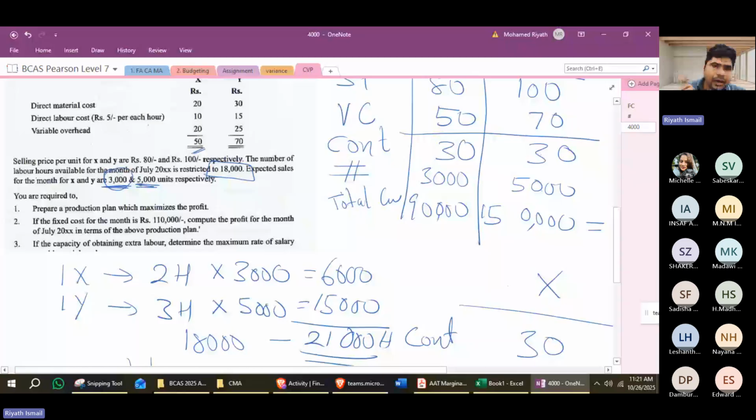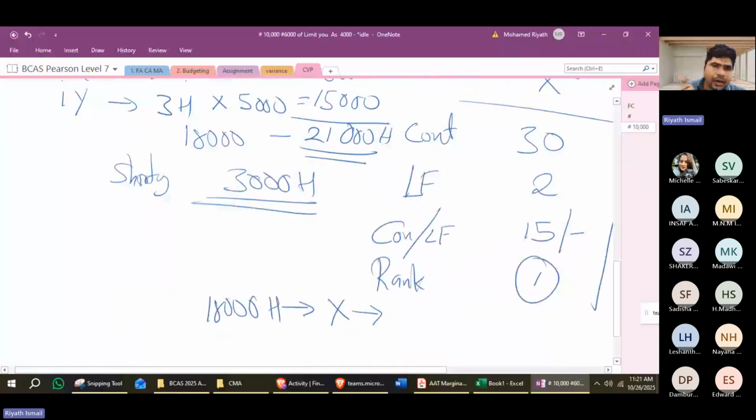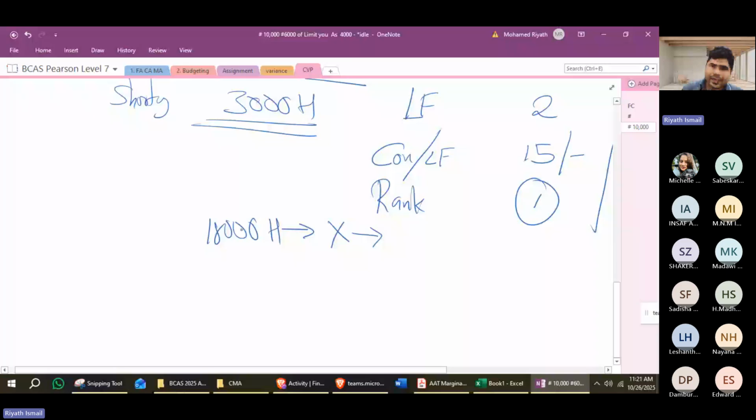Out of these 18,000 hours, we can produce 3,000 units of X, and each requires 2 hours. Therefore, we can utilize only 6,000 hours for X. The balance, we have 12,000 hours.